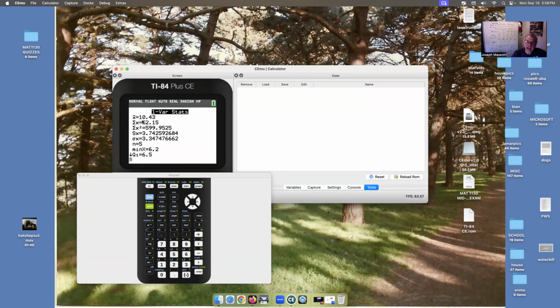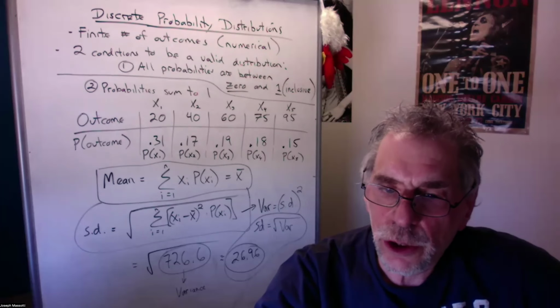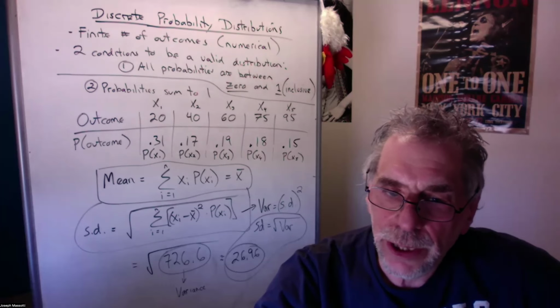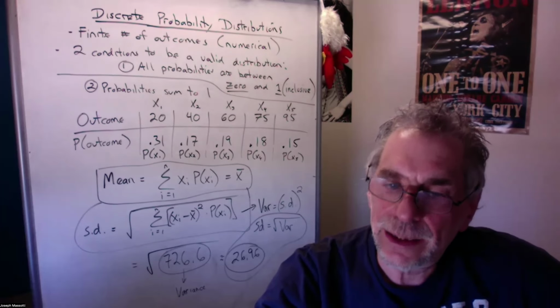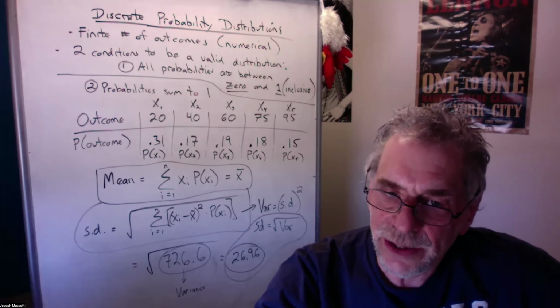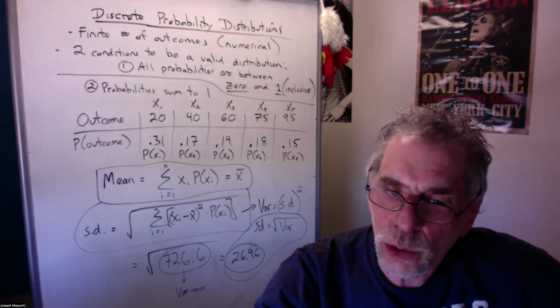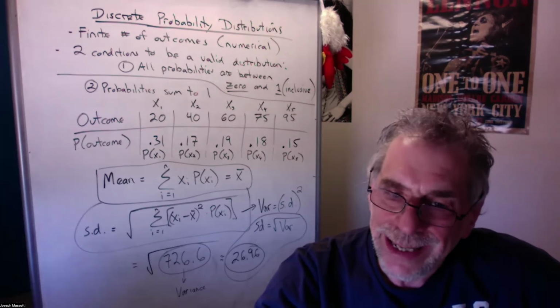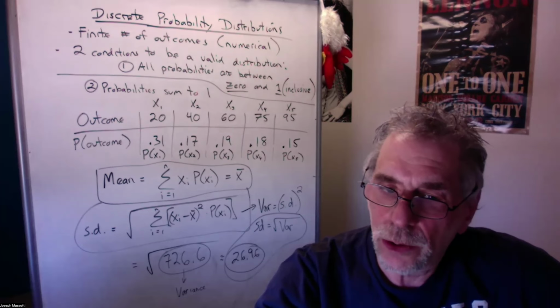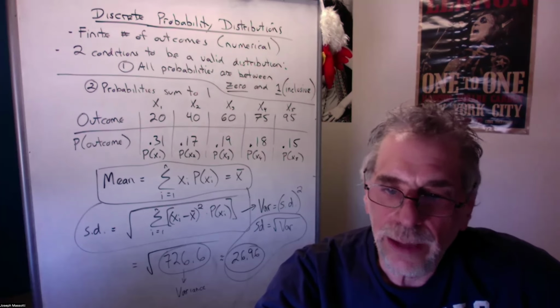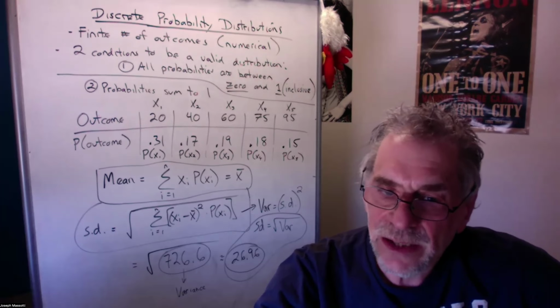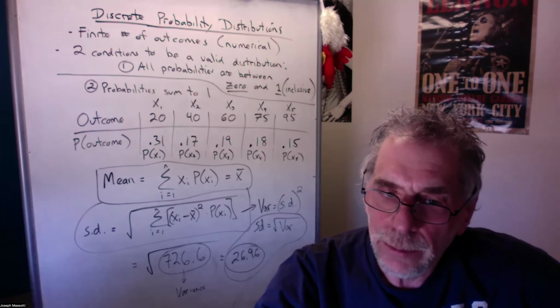Now we need that number to come up with the standard deviation. Okay, we got to put that number here in our next list. We're going to create a fourth list that's going to be each individual observation minus that value that we just found, squared, times the probability. So remember, these values are going to be in L1.